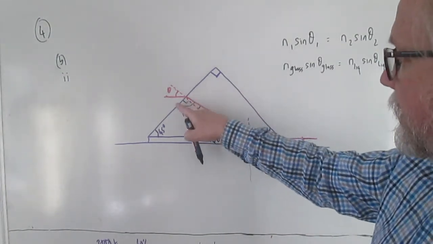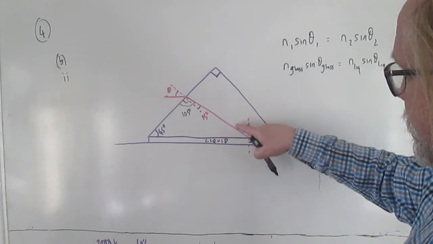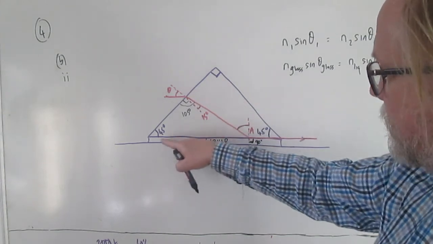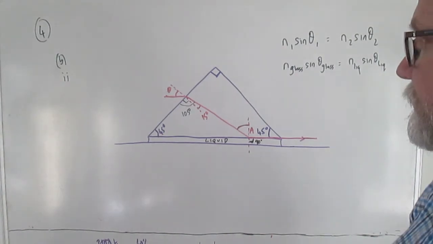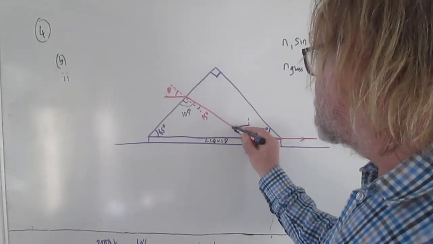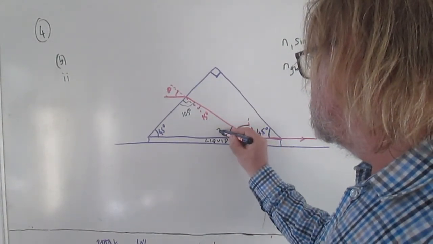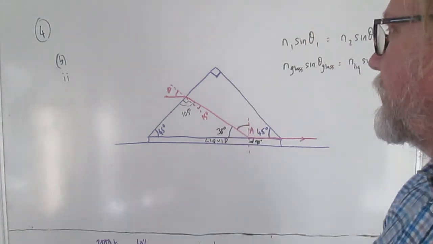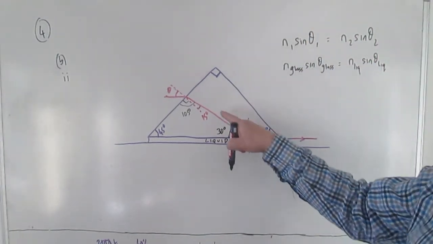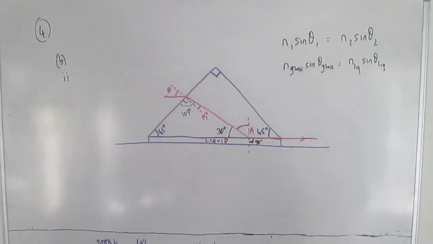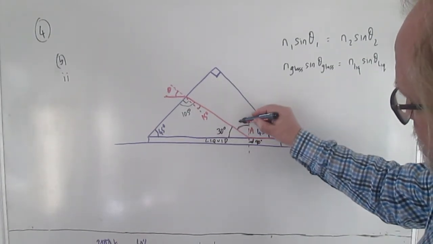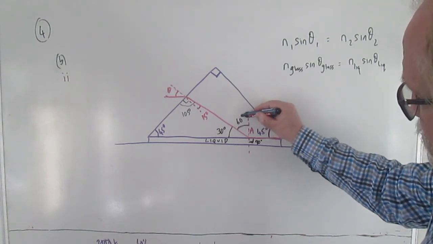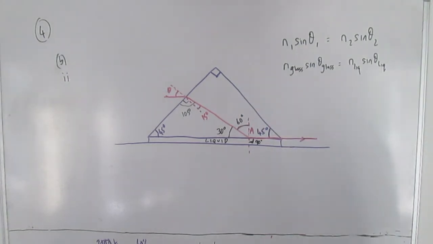If we think about this triangle here, we've got 105 plus 45 makes 150, and so this angle must be 30 degrees, so that they add up to 180. And because that's a right angle here, if that's 30 degrees, then this angle, which is the one we want, is 60 degrees. Okay, so now we're in business.